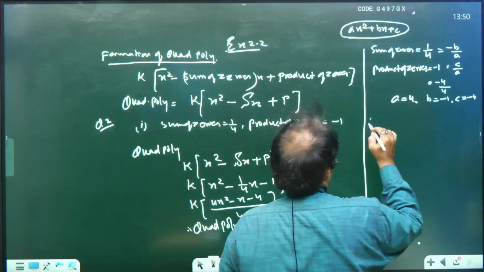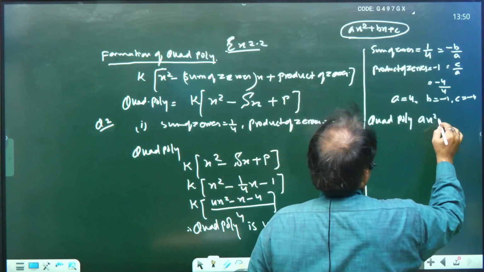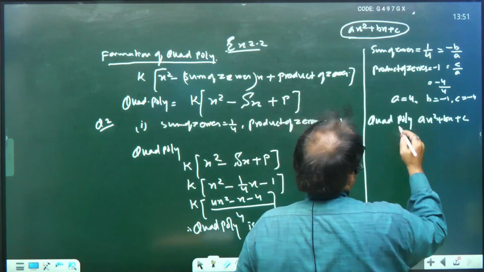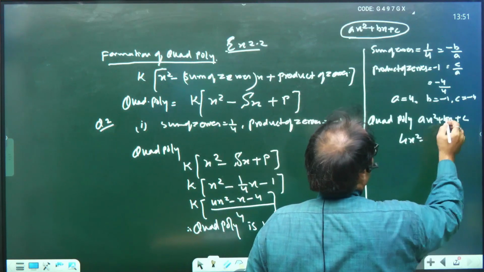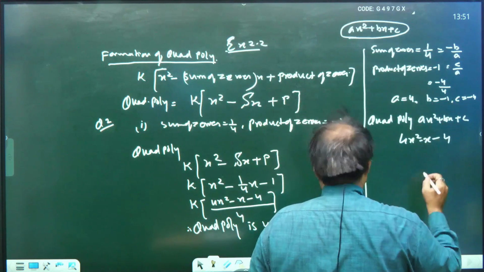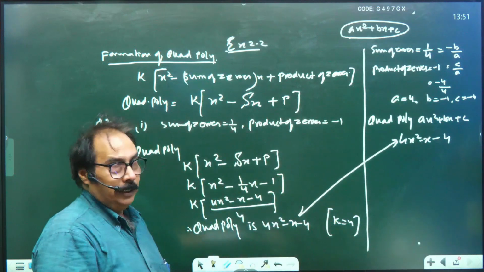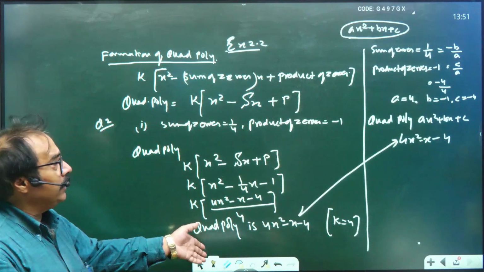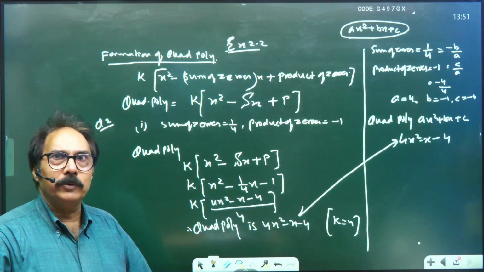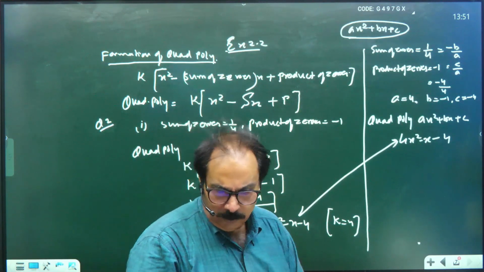So the quadratic polynomial is ax square plus bx plus c, and now put the values of a, b, c. The value of a is 4x square, b is minus 1 into x, that is minus x, and c is minus 4. So in this way, we got the same answer. Either you may apply this method or that method, as you like, and both methods are correct, as given in your question book also.